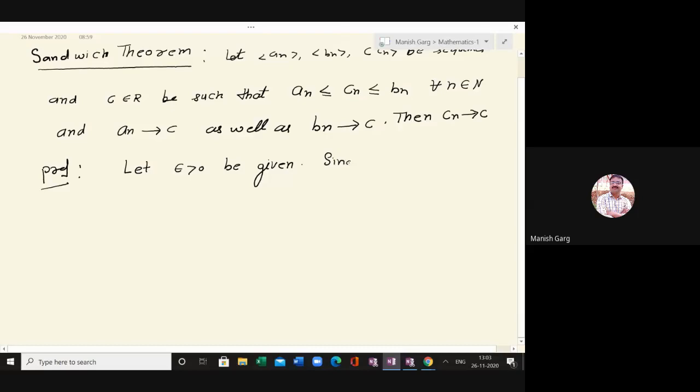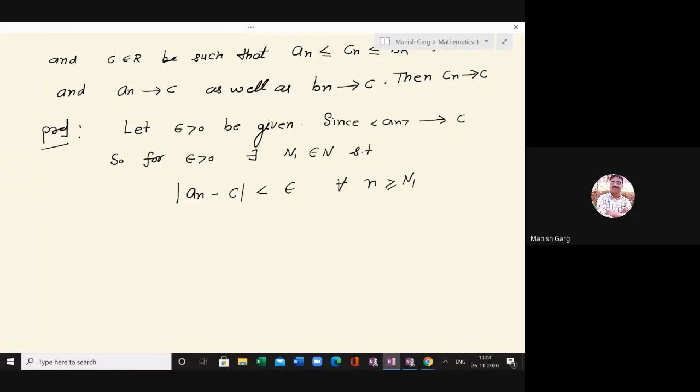Since the sequence an converges to c, applying only the definition, for epsilon greater than 0 there exists a natural number n1 such that mod an minus c is less than epsilon for all n greater than n1.